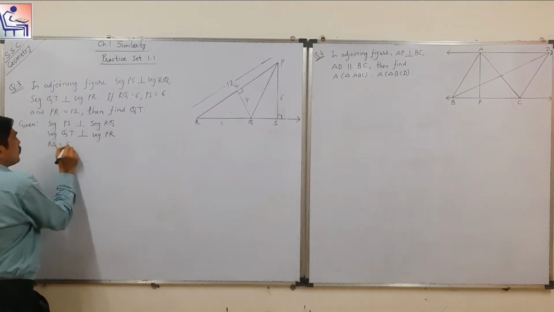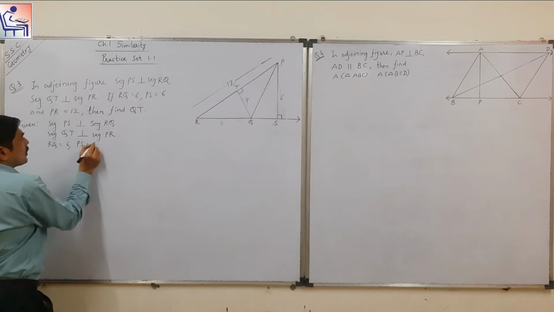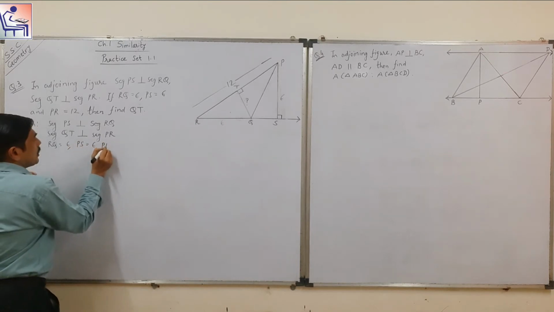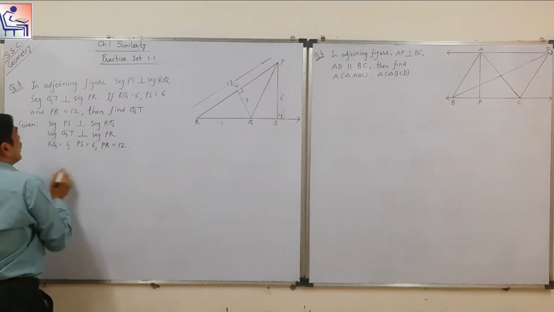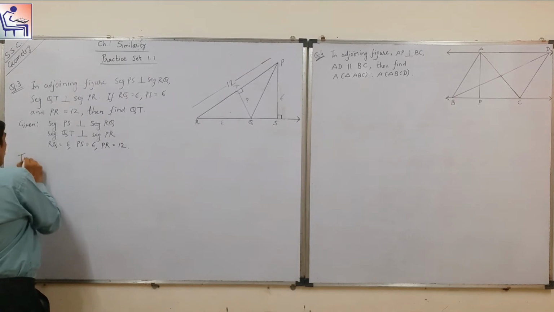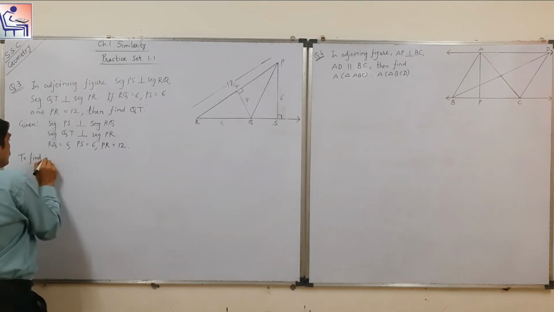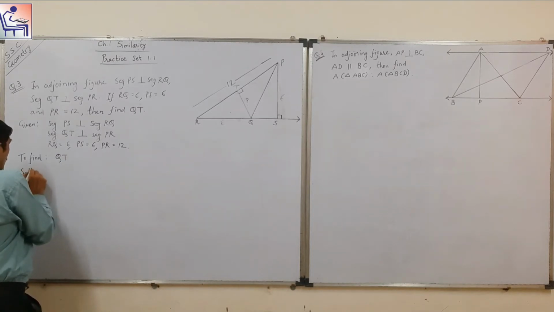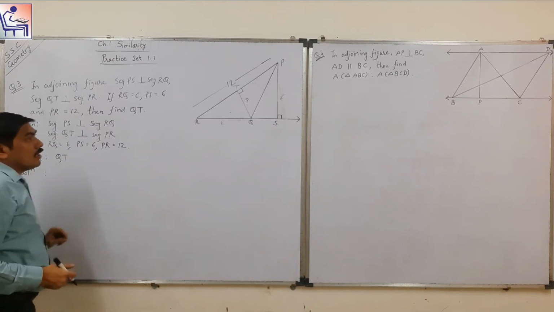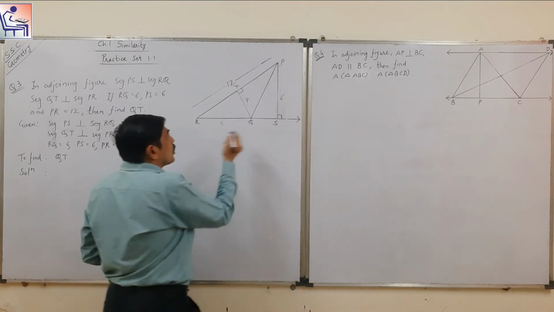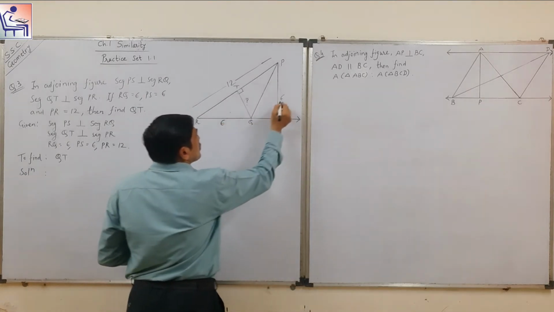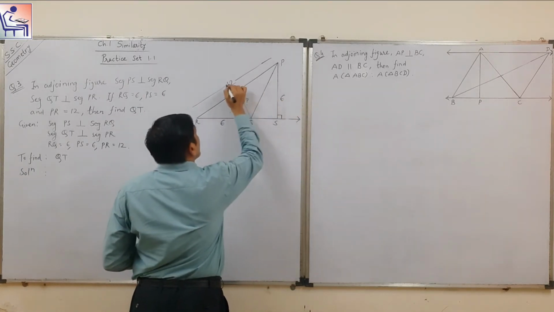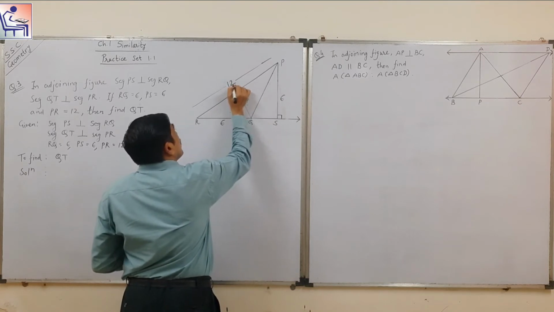RQ is equal to 6, PS is equal to 6, PR is equal to 12. Now we have to find out QT. So the solution is, if we focus on this QT, here this is given as 6 and this is given as 12.